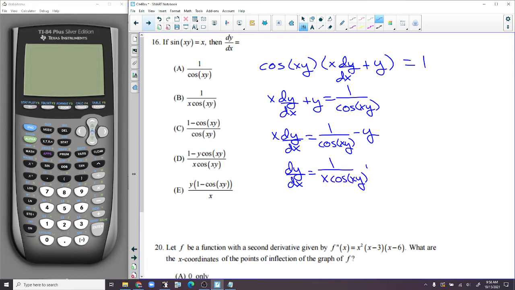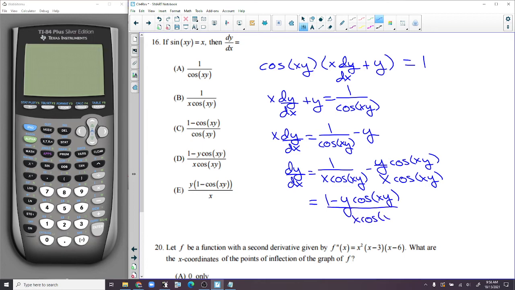But when you have a fraction like this, I think it's easier to see we're multiplying by 1 over x kind of through the problem. So minus y over x. But if you look, we don't really have that answer on any of the choices. And the one thing I can do is common denominator. So we can multiply cosine of xy on top and bottom over here, and now we'll have the common denominator, and we'll get one of the choices. So it looks like letter D is the choice there.